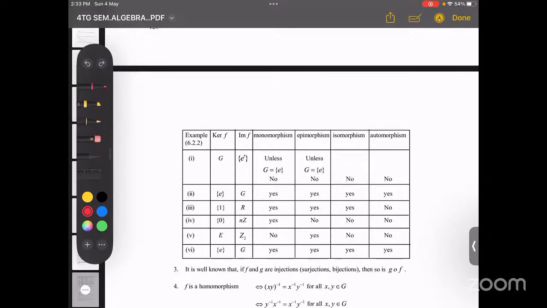This is the 5 marks question you will get. And check your progress, 11th question, page 158, 7.4.9. This is a very important and regularly asked question.